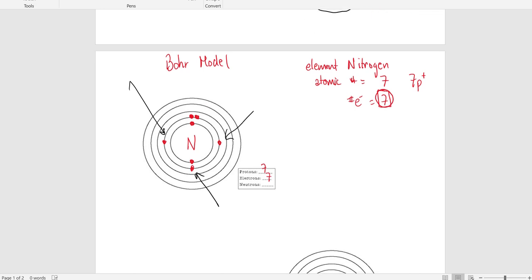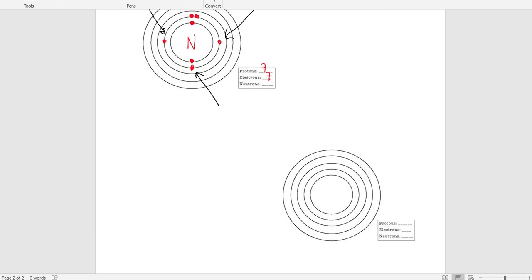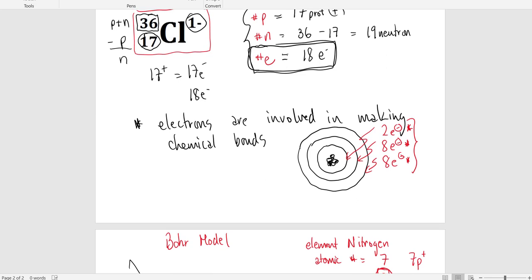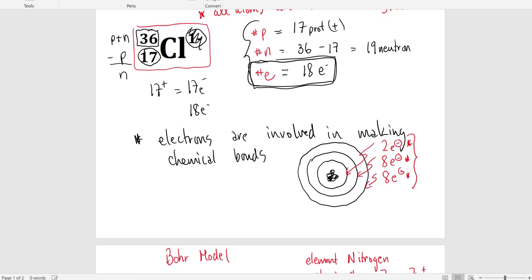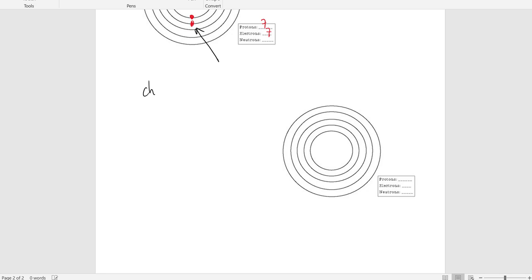Okay, let's try another example. Let's have a look at, how about something like oxygen? All right, or let's do this chlorine. We've got chlorine up here, but we're not going to do the ion, we'll just do chlorine. So chlorine has an atomic number of 17.